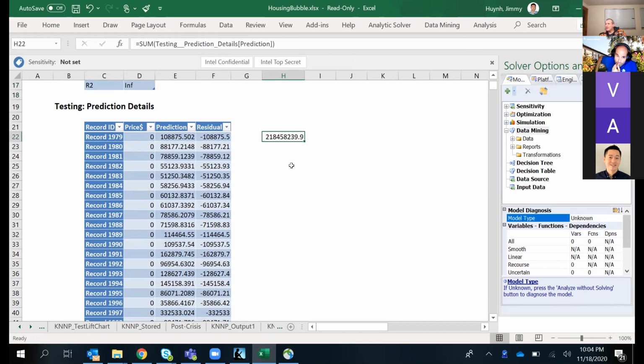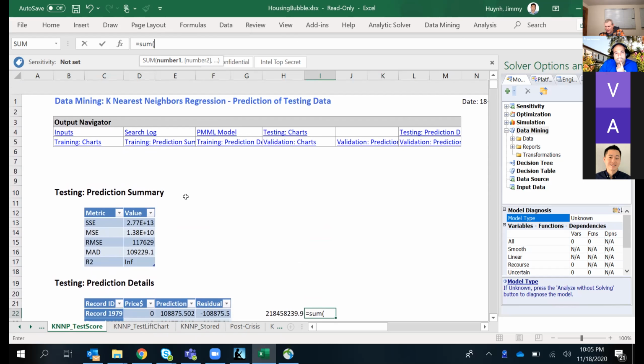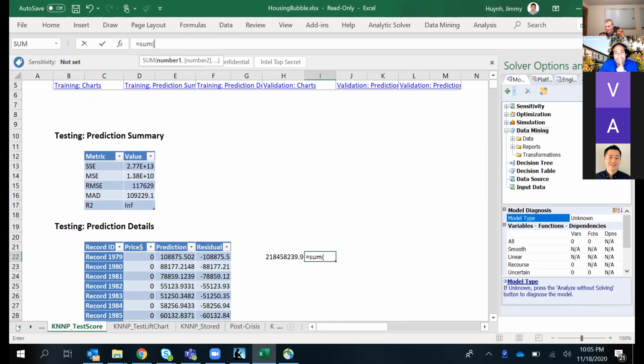Yeah, it says post-crisis minus pre-crisis divided by pre-crisis. It says for each of the 2,000 houses. I think mathematically it should work out to be the same. We do X minus Y, divided by X.